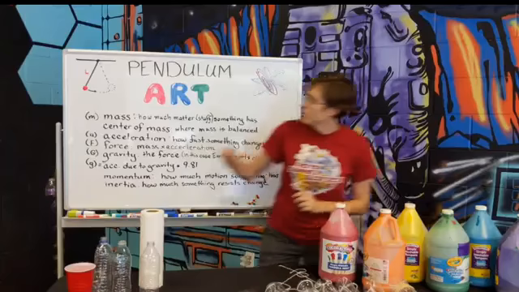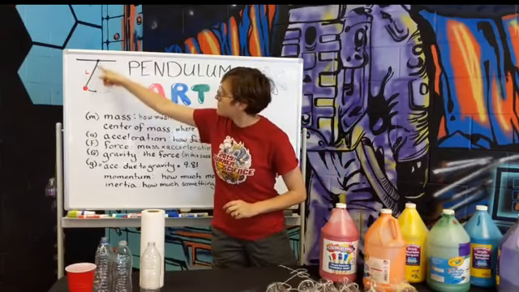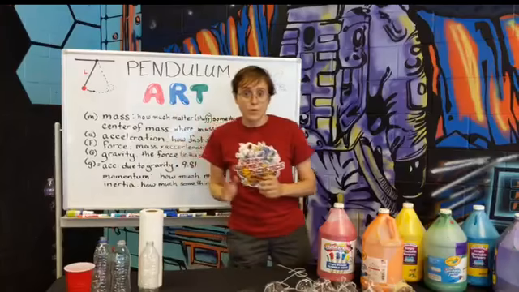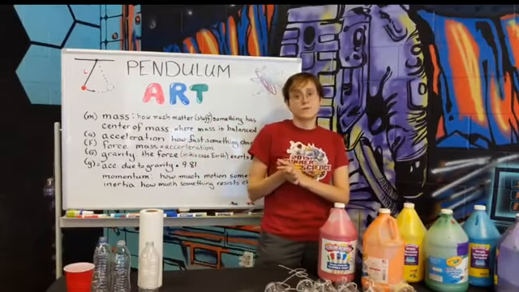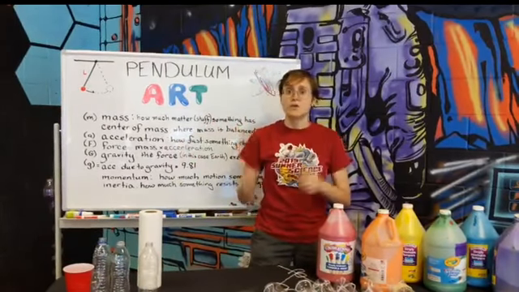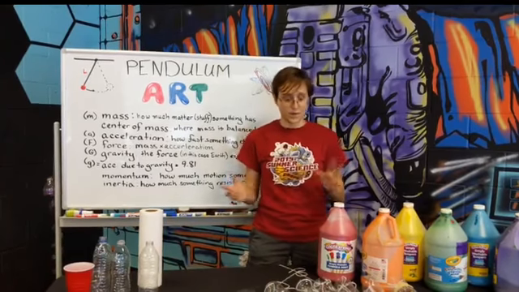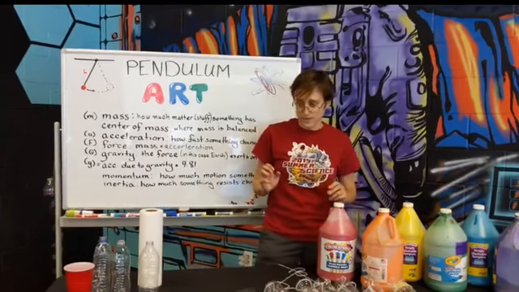Another thing you might be able to change is the length of your pendulum. That's going to impact how quickly it speeds back and forth. Kind of what we like to refer to in physics as a period, or a period of time that some motion is happening repeatedly. Okay, so enough explanation.